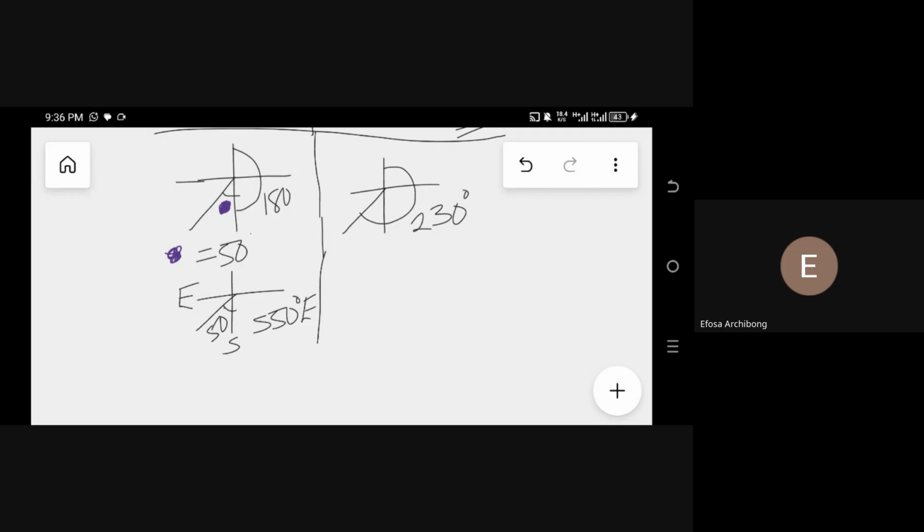In compass bearings, we're always reading north-east, north-west, south-east, or south-west, and that 50 degrees is touching the south. So we say the compass bearing is south 50 degrees east. So when you convert 230 degrees as a three-digit bearing to compass bearing, the result is south 50 degrees east.